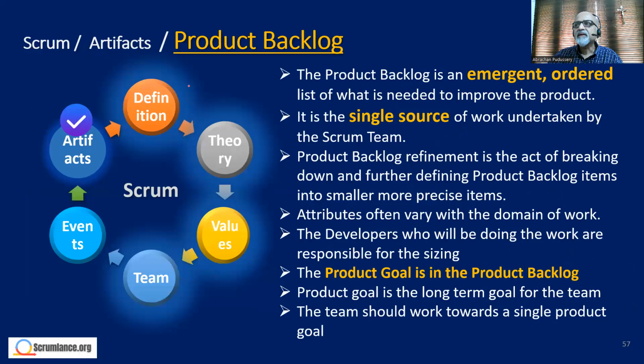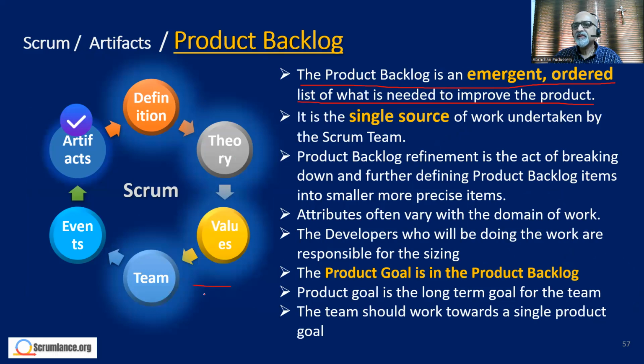Now let us delve deep into the product backlog. The product backlog is an emergent, ordered list of what is needed to improve the product. So it is a wish list of features. It is continuously evolving, and it is ordered based on priority.